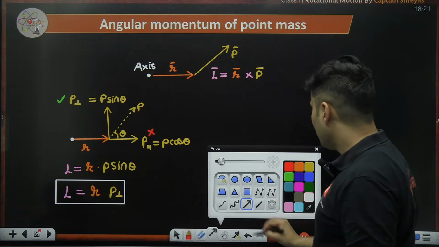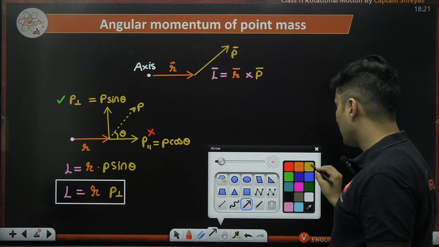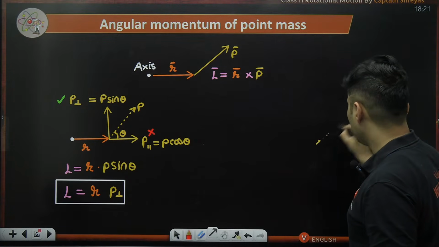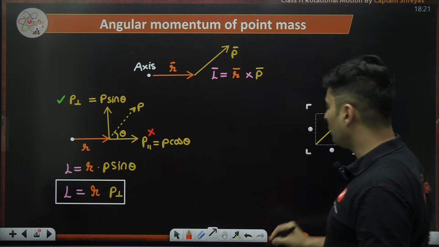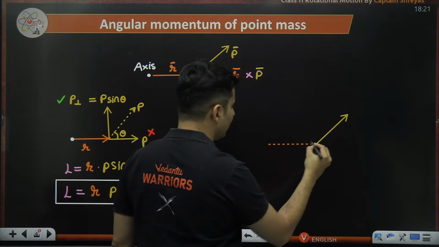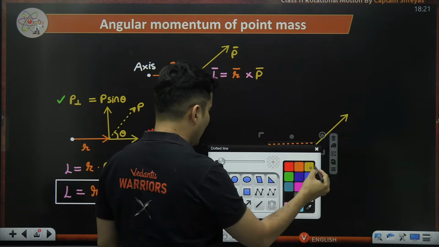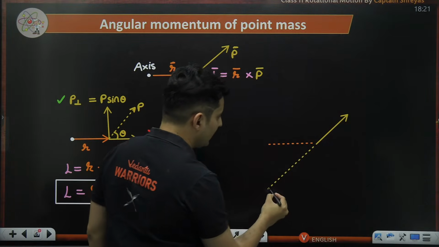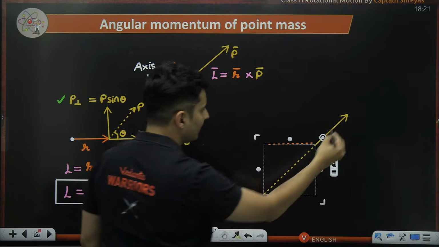Now, the other thing that you can do is, you have the momentum over here. Instead of splitting the momentum, you split the position vector. But for that, you will have to extend the line of momentum like this.